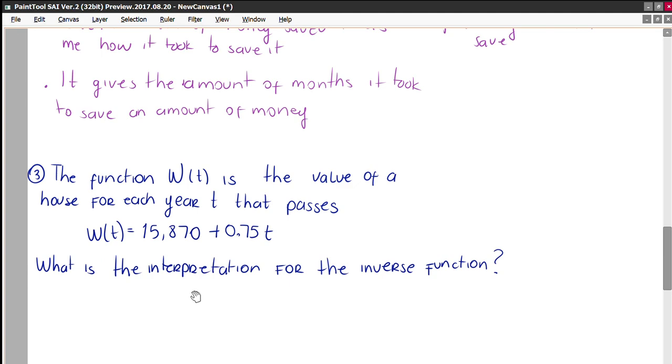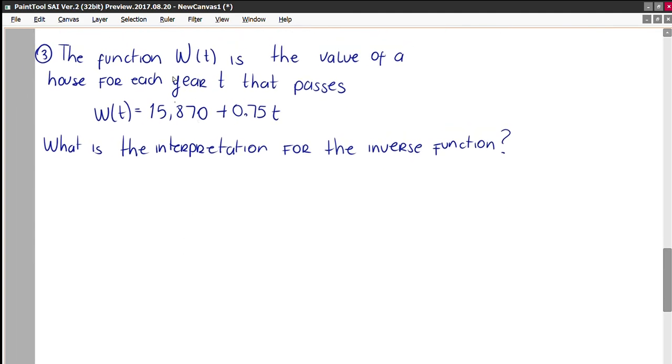A third one. I have a function w of t that is the value of a house for each year t that passes. So this function is a function that if you plug in a time in years, in return it tells you the value of the house.